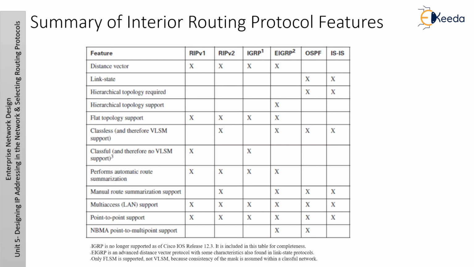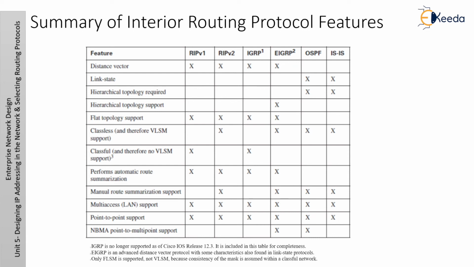So this is a summarized view of interior routing protocol features. There is no best or worst protocol. The decision about which routing protocol to implement, or whether multiple routing protocols should indeed be implemented in a network, can be made only after you carefully consider the design goals and examine the network's physical topology in detail.